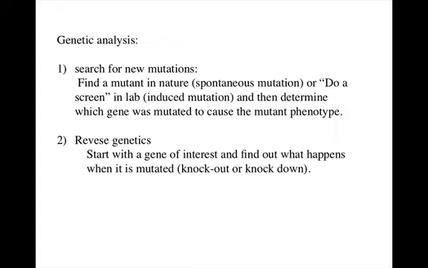That could be done for a spontaneous mutation that occurs in nature, that maybe somebody brings in a lamb that just has one eye, and scientists could study that lamb and learn about what gene was mutated in that lamb to give it such a bizarre phenotype. They could also study induced mutations in a lab to find out what mutation gave rise to such mutant phenotypes.